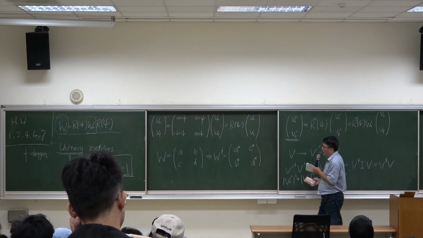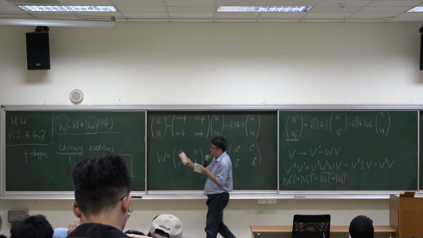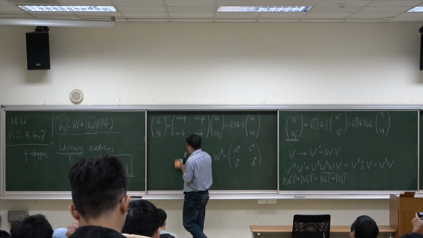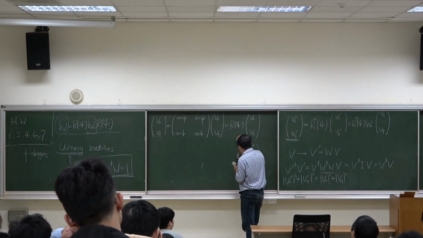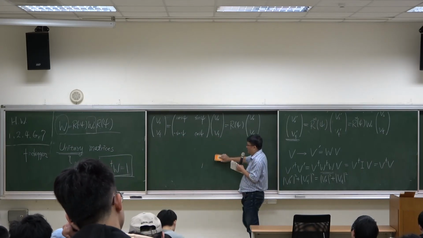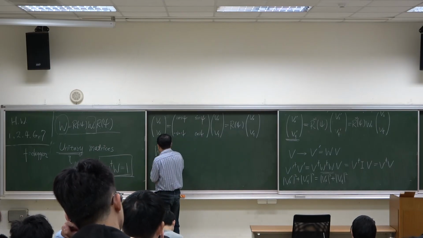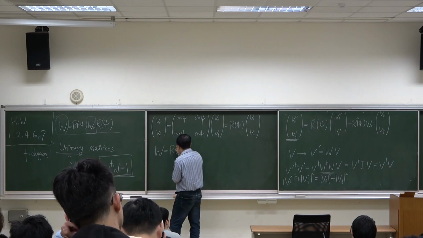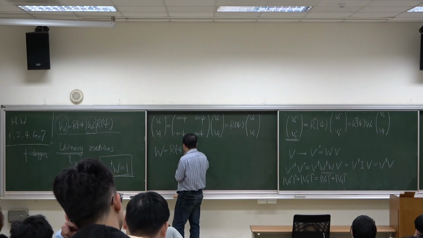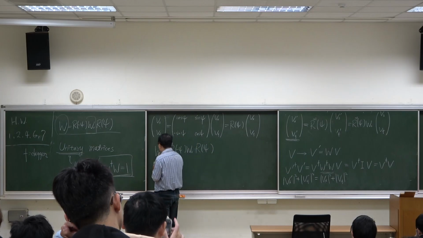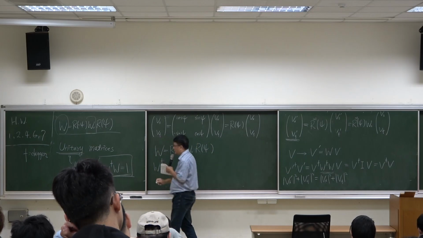Good. So why does W satisfy this property? We can prove this result because now we have W defined as R minus psi times W0 times R psi. Okay, what is W dagger?